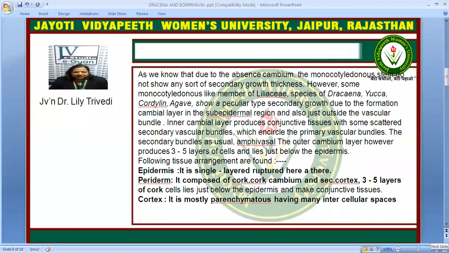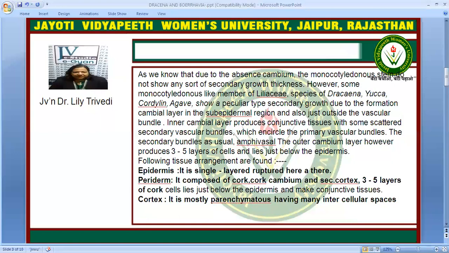Now let's go in further details. As we all know that the absence of cambium is in the monocot stem and there is no secondary growth in thickness. But in some members like Liliaceae family and species of Dracaena, secondary growth is there due to the formation of a cambial layer in subepidermal region outside the vascular bundle.